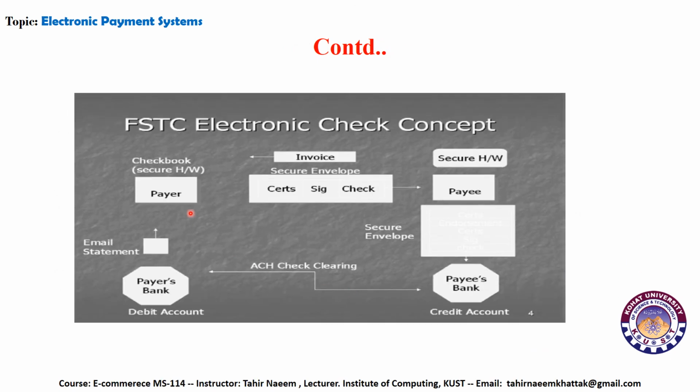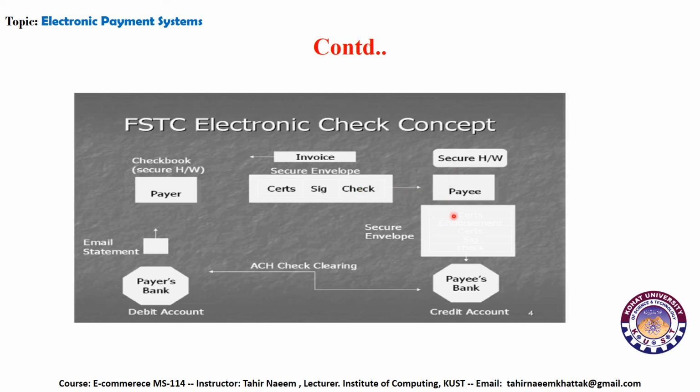So here is how electronic checks are used. The payer has a checkbook consisting of specialized hardware or software, and whenever he wants to give a check, he signs with his certificate and the check is issued to the PE.